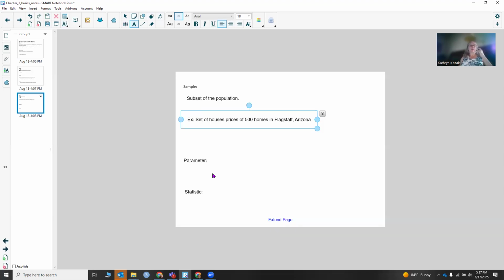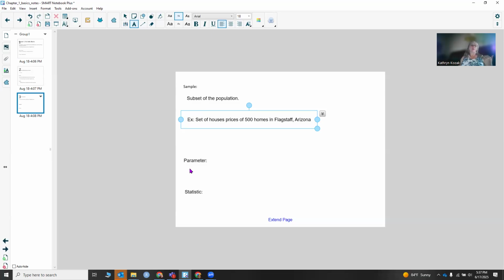Once we've done this and we've collected this, we're going to have a giant set. If we have the population, we're going to have this giant population. And if we don't get the entire population and can't collect it, we can think in our minds about having this giant set of numbers or values, variable values. And that's hard to look at. It's hard to look at all of those numbers or all those qualities.